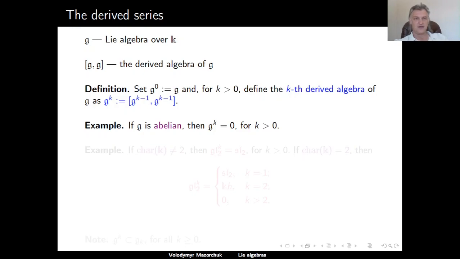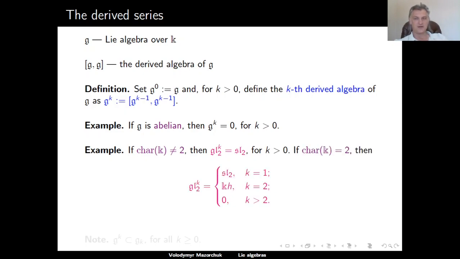A less trivial example, if the characteristic of our field is different from 2, then the Lie algebra GL2 over this field K has all derived algebras isomorphic to SL2. All higher derived algebras of GL2 are isomorphic to SL2. At the same time, if the characteristic of the ground field is equal to 2, then the first derived algebra of GL2 is isomorphic to SL2.